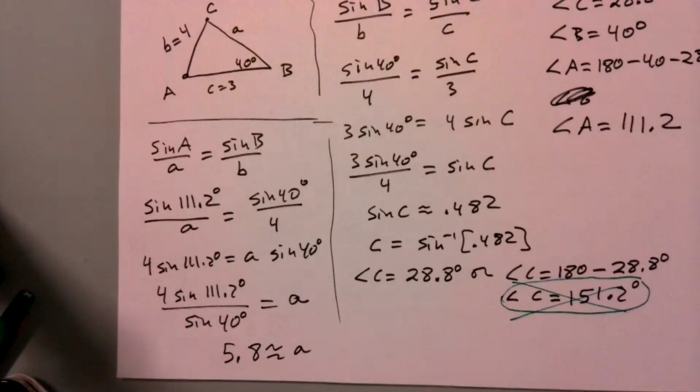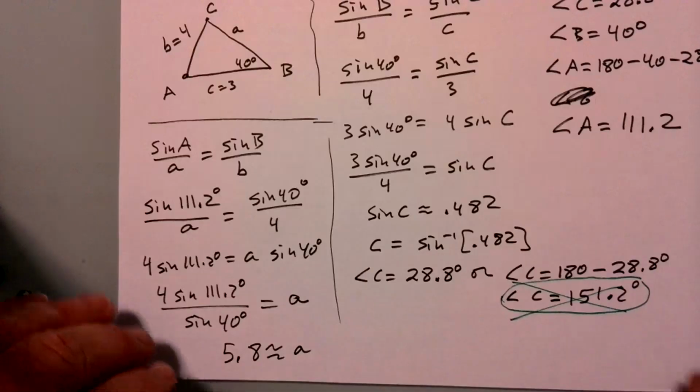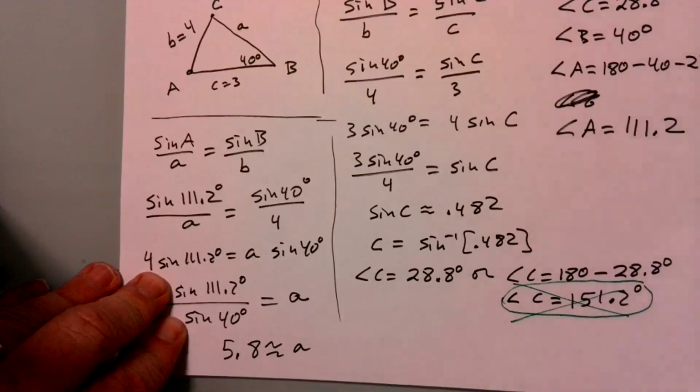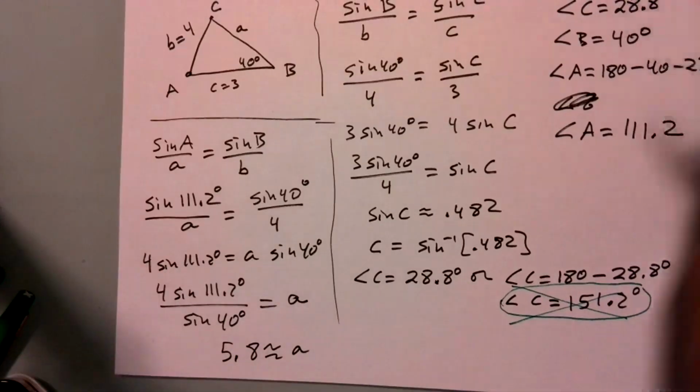Again, that was an SSA triangle that had one solution. So you can probably guess where we're going to go next. And this may be the last problem we can do with the time that we have. So here we go. Law of sines.